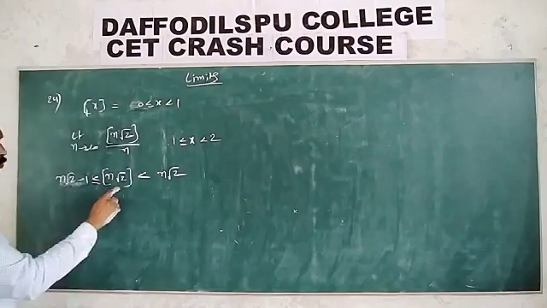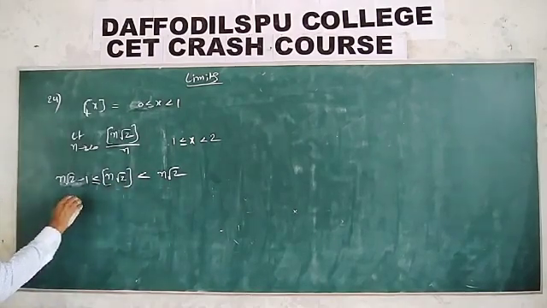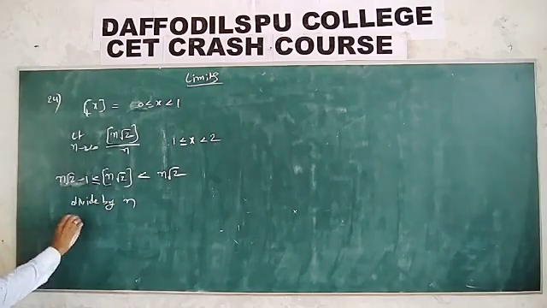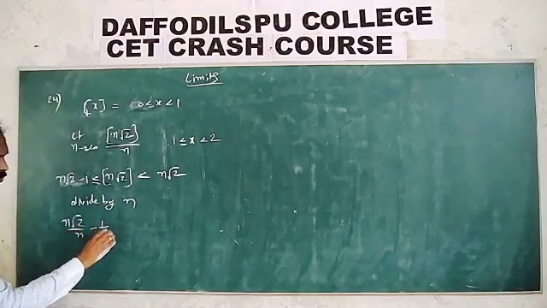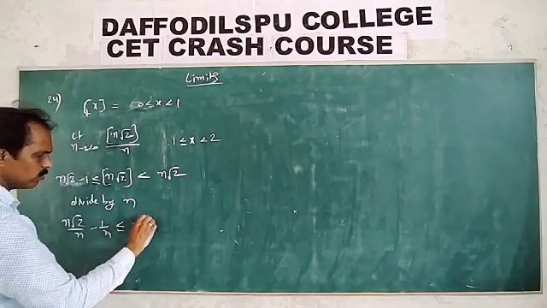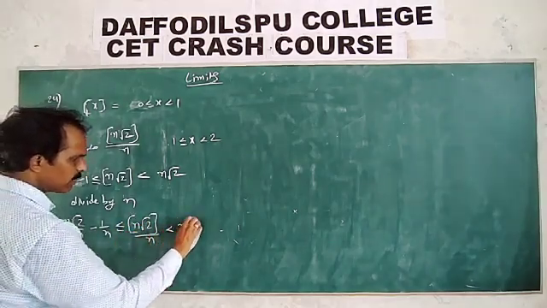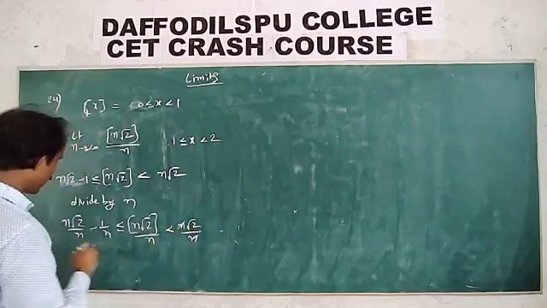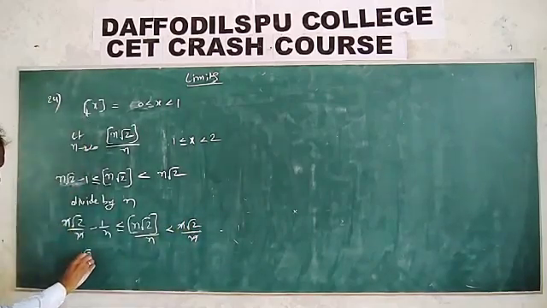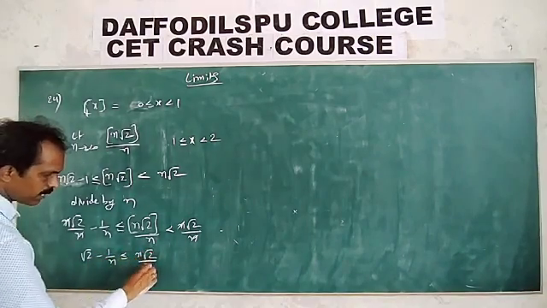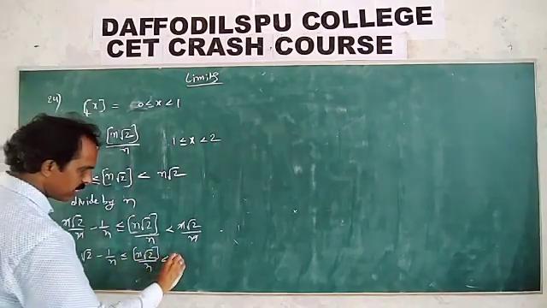Divide by n: n root 2 by n minus 1 by n less than or equal to the greatest integer of n root 2 by n less than n root 2 by n, cancel. So root 2 minus 1 by n less than or equal to this, and the greatest integer function is less than root 2.